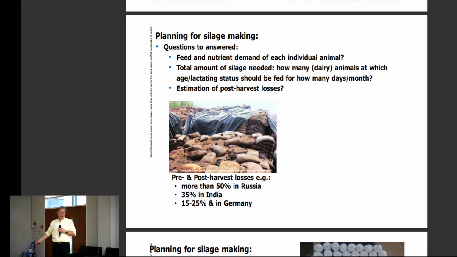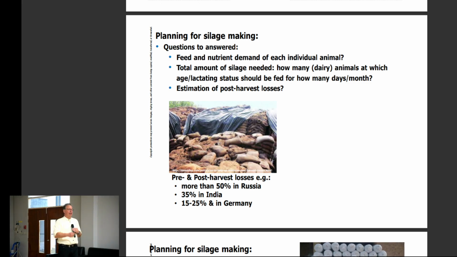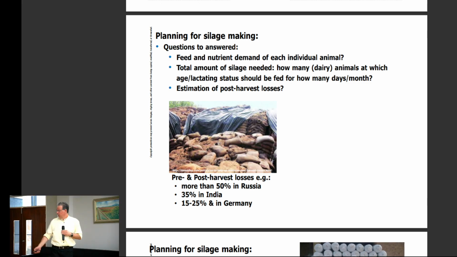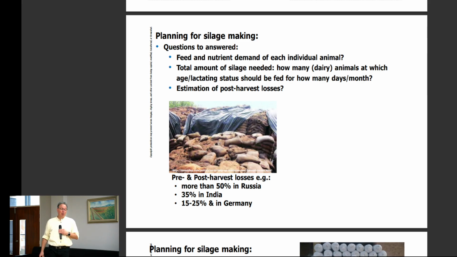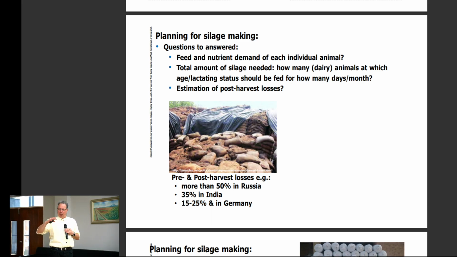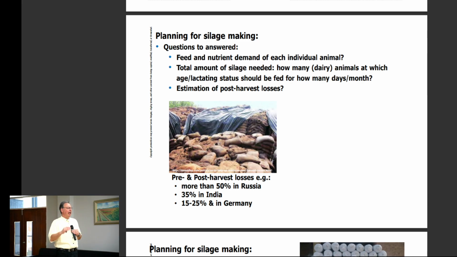And the losses are high. And most of the people don't believe them, but if you measure them, you know, and you can see, depending where you are, how you do it, so 25% is already not too bad. But if you really look on farms, and also German farms, the average is higher. A lot of them had 30% losses.